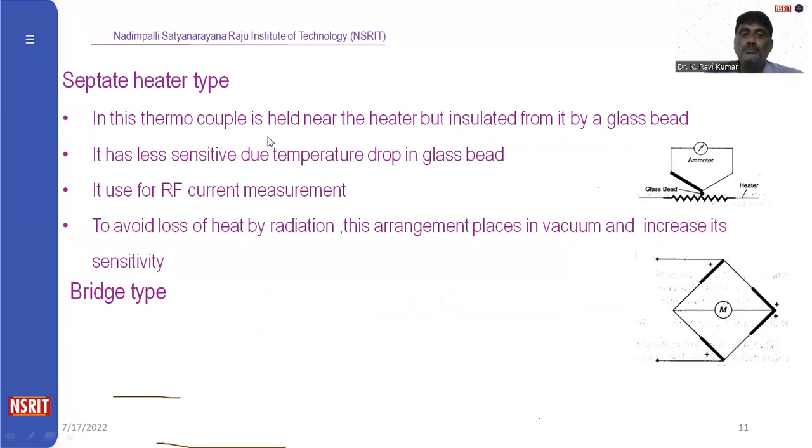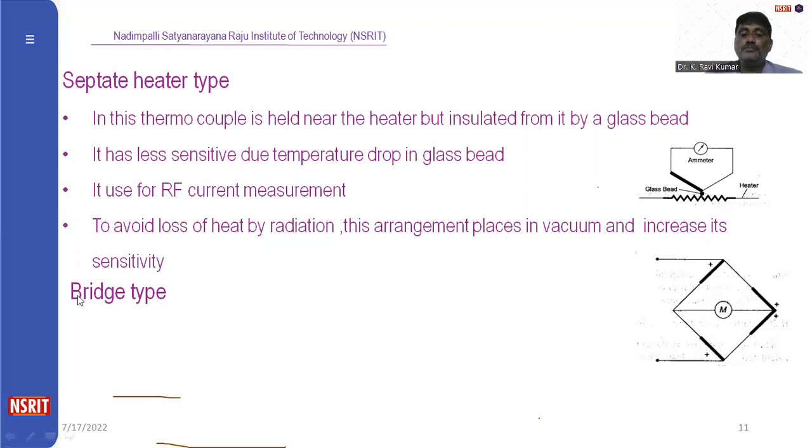So in this, the thermocouple is held near the heater but insulated from it by a glass bead. It has less sensitivity due to the temperature drop in the glass bead. It is used for RF current measurement. To avoid the loss of heat by radiation, this arrangement can be placed in a vacuum tube. If you place the total system in the vacuum tube, it will increase the sensitivity.